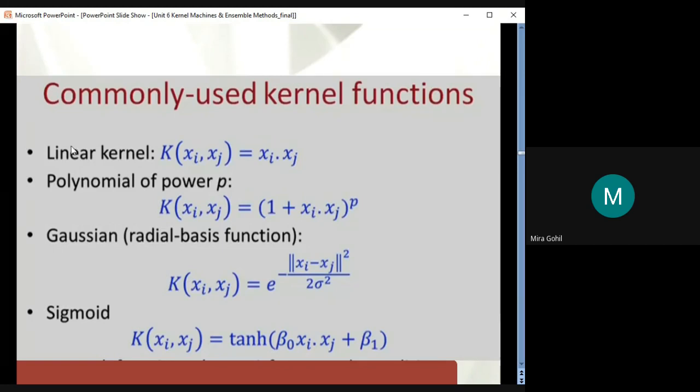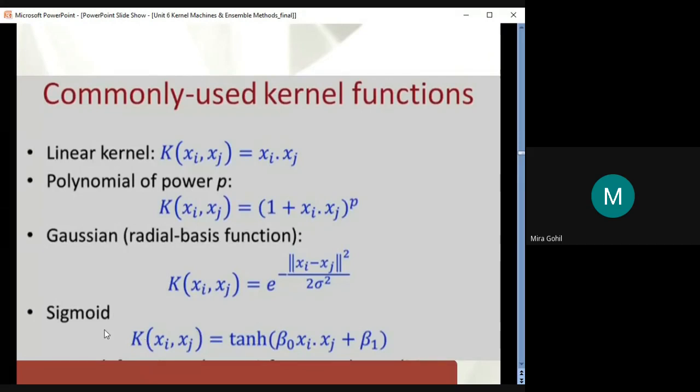This is your polynomial kernel function. The same way we are having linear kernel function where we are having the straight away dot product. Then we are having Gaussian kernel function which uses radial basis function and applies the Gaussian formula, that is e raised to minus xi minus xj whole square divided by 2 sigma square. So this is your Gaussian kernel function.